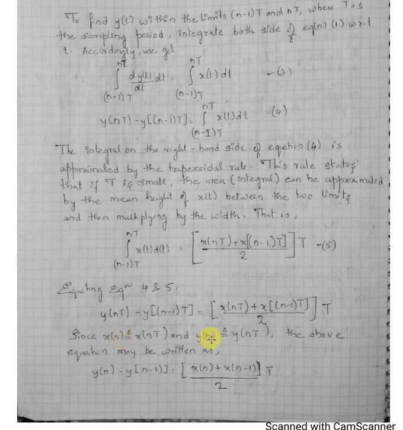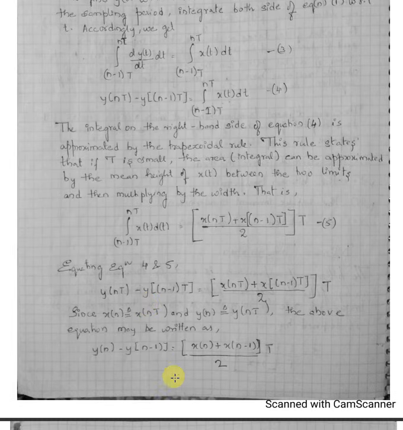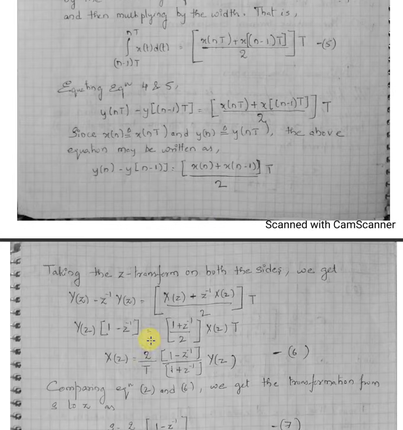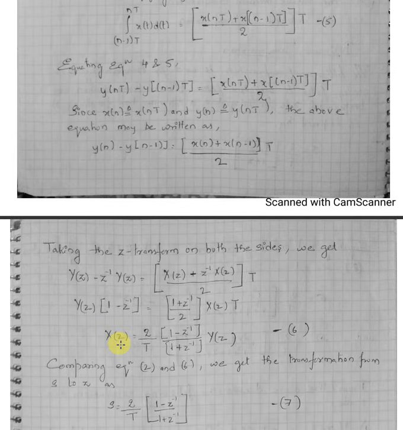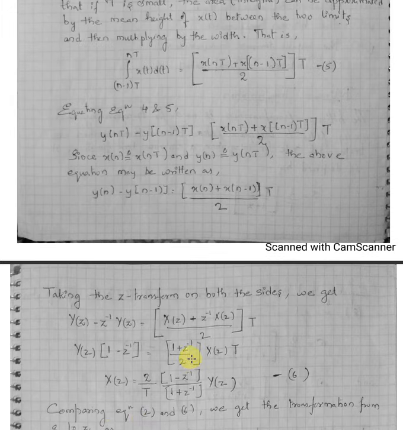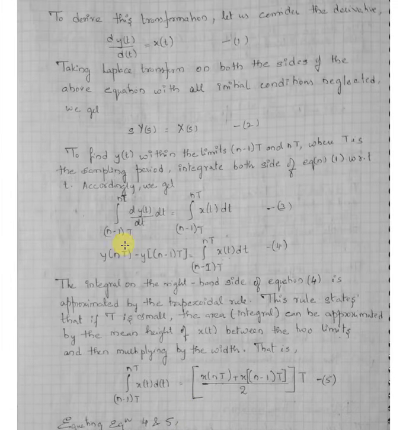The main motive is transforming from the s plane to the z plane, so s turns out to be s equal to 2 by t, (1 minus z inverse) by (1 plus z inverse). Similarly, if you are transforming in reverse, from z to s, you would end up getting this.